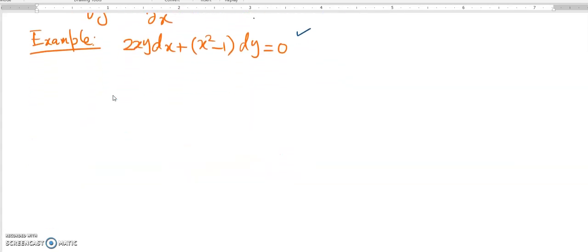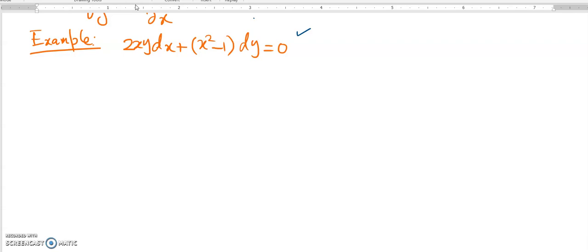But one thing I want to mention over here is that we can also solve this equation by the exact equations method, which I am going to explain now. Some types of exact equations are also separable equations, just like this equation. But some types of exact equations will not be separable equations. So in those situations, you will only use the method which is specifically for the exact equations.